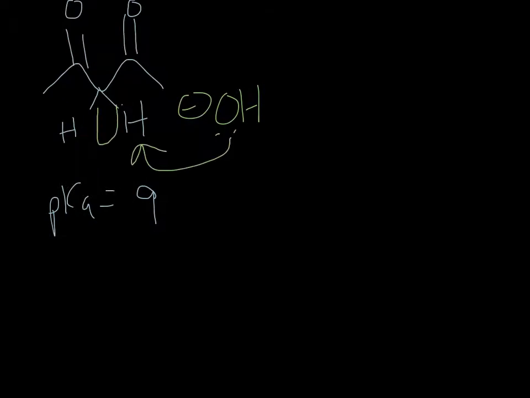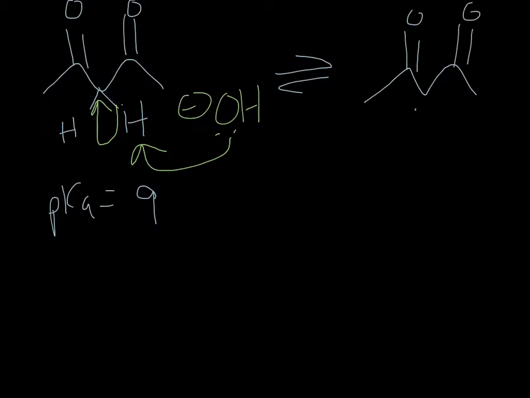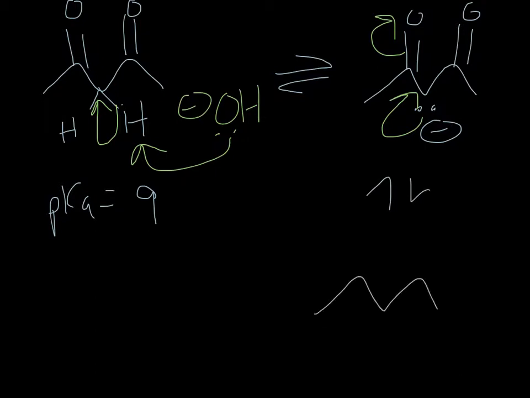First we'll just put those electrons onto the carbon atom, and there I have a negative charge. And then these electrons can swing up and kick that up, giving me a negative charge on the oxygen atom.